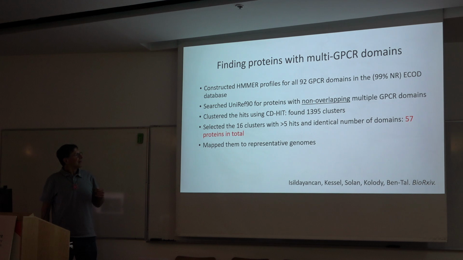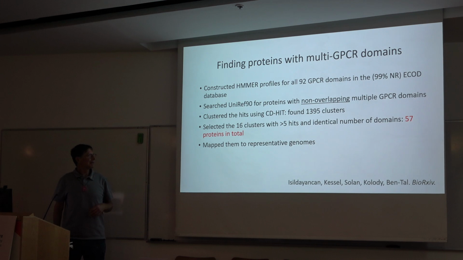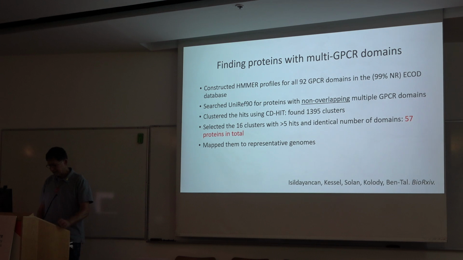And with that, we came up with 16 clusters and an identical number of domains, and in total we had 57 proteins in those clusters, and then we mapped them to representative genomes.